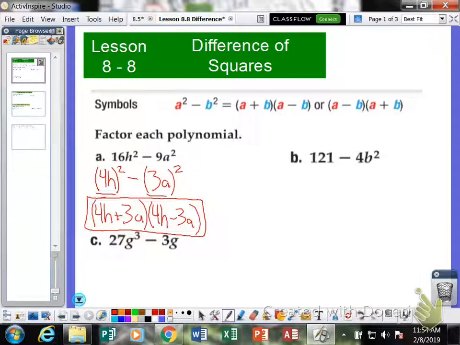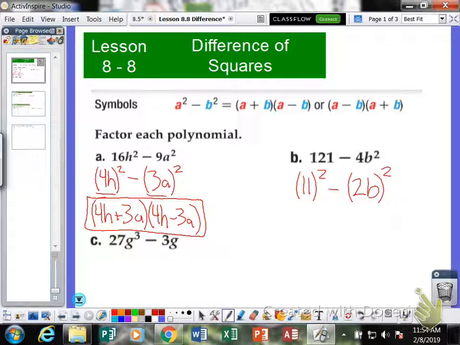For our next one, 121 minus 4b squared. We can write these both as perfect squares. 121 can be written as 11 squared, minus 4b squared can be written as 2b squared.